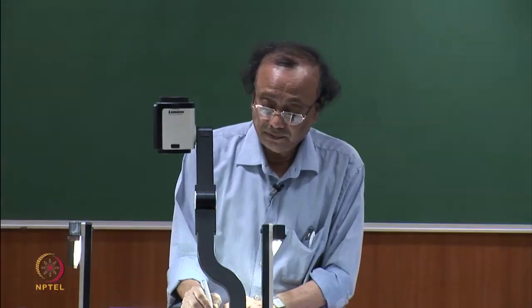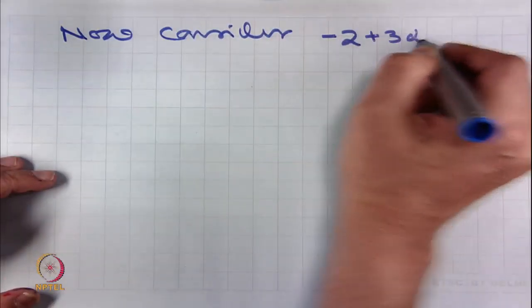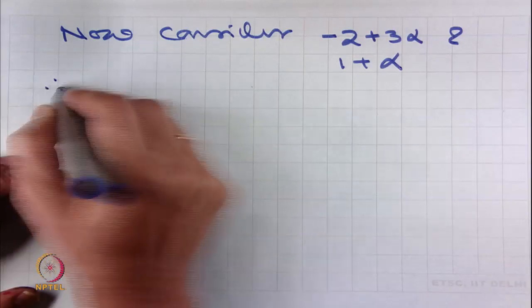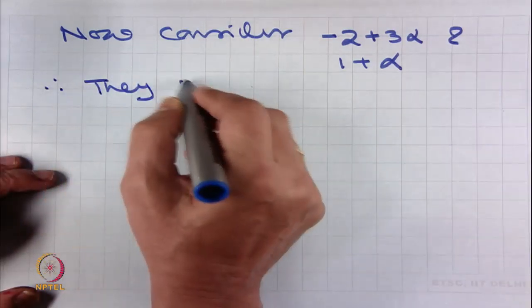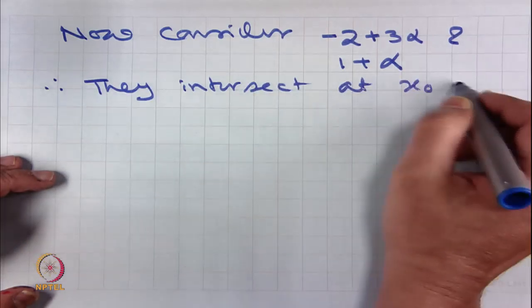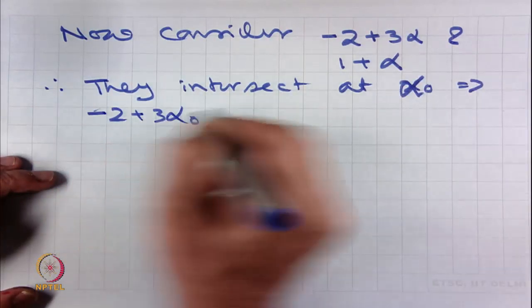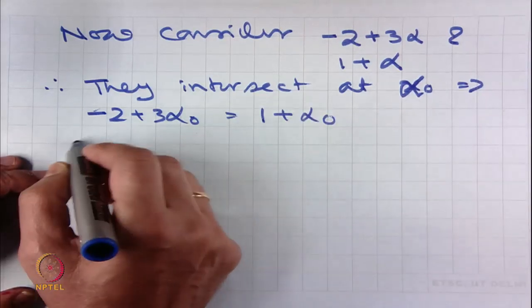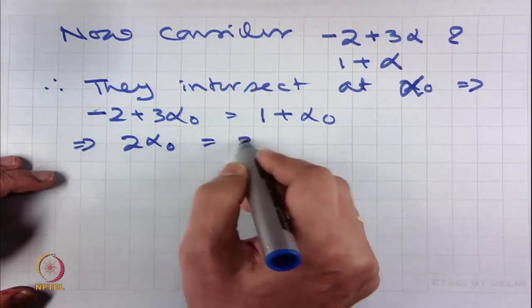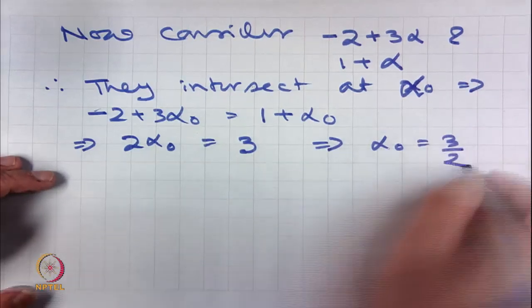Now, consider -2 + 3 alpha and 1 + alpha. Therefore, they intersect at alpha naught implies -2 + 3 alpha naught = 1 + alpha naught, implies 2 alpha naught = 3, implies alpha naught = 3/2.